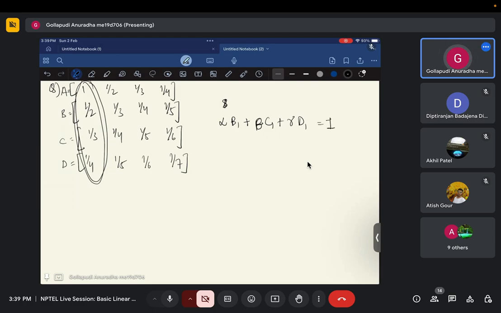I'm just guessing some values. Suppose I'm taking alpha as minus 6 into b1 is 1 by 2, beta I'm taking as 6, and this is 1 by 3 c1, and gamma I'm taking as 8.